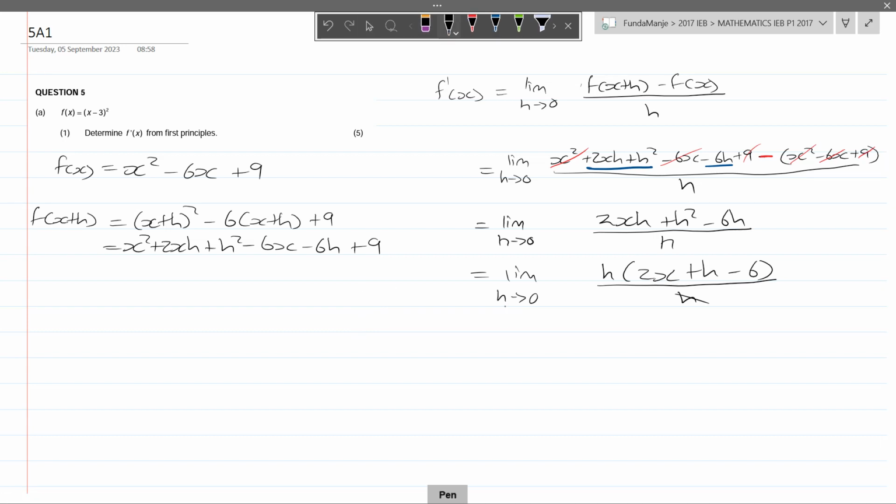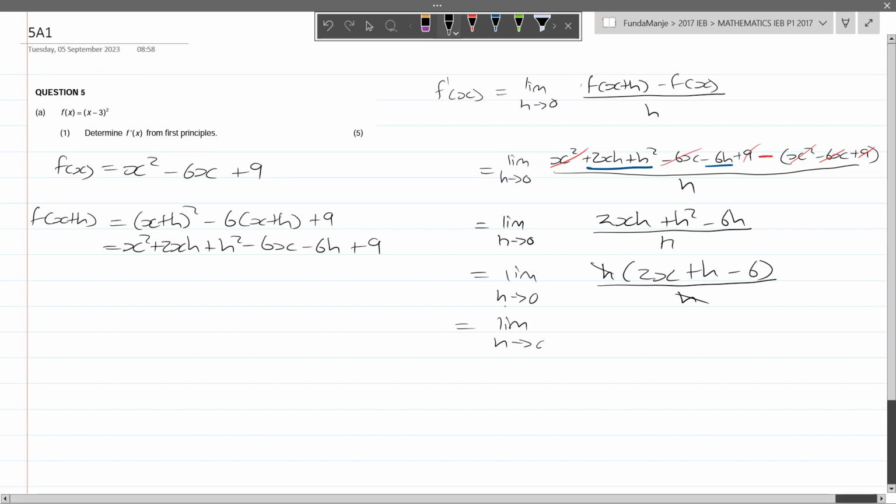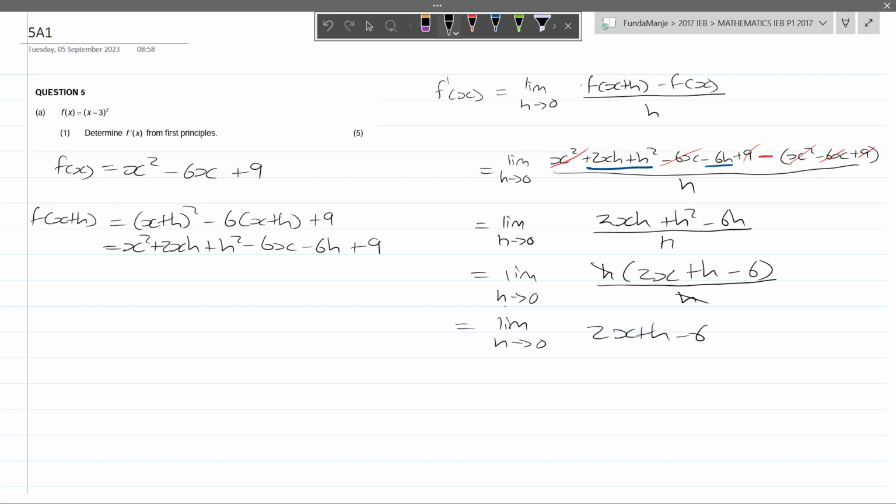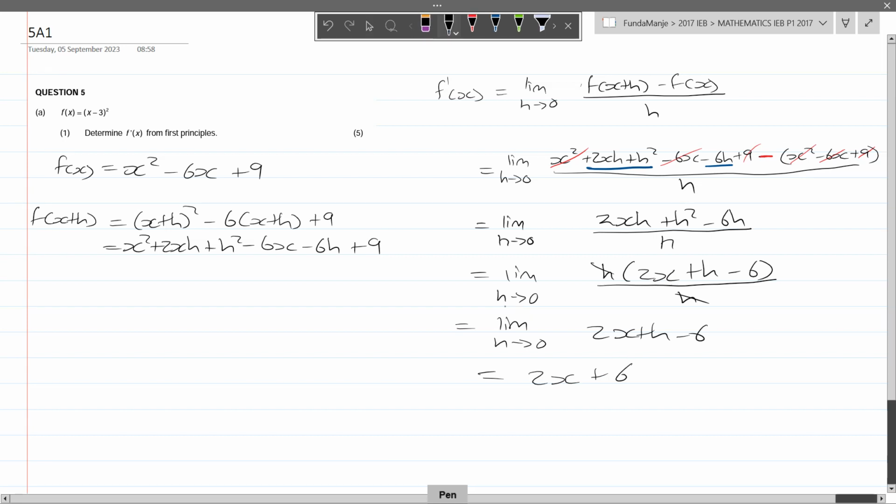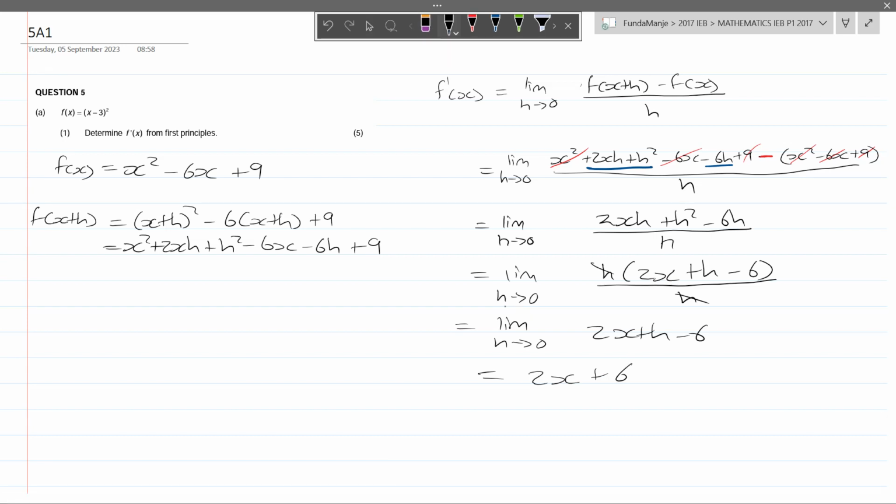So once we cancel this, we can now take the limit as h tends to 0 for whatever is left, which is 2x plus h minus 6. And put in h as 0, you get 2x plus 6. And that is your answer.